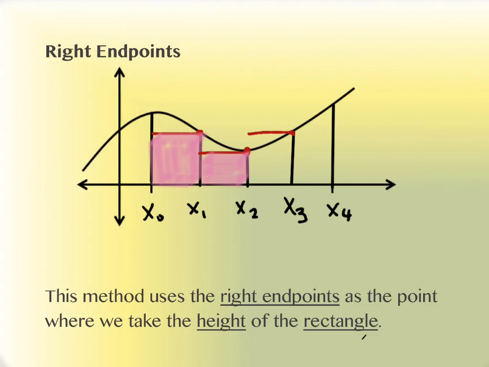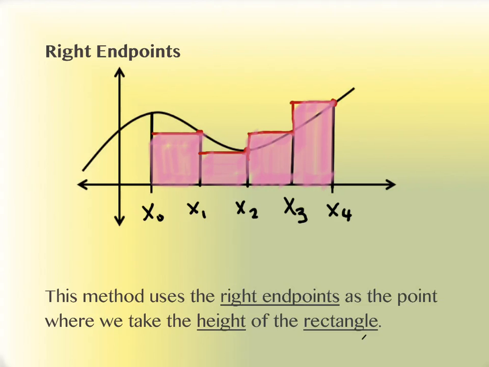And we come straight across. This one ends up being an overestimate. And then the last one, between x3 and x4, I'm at x4, and this one ends up being a significant overestimate.